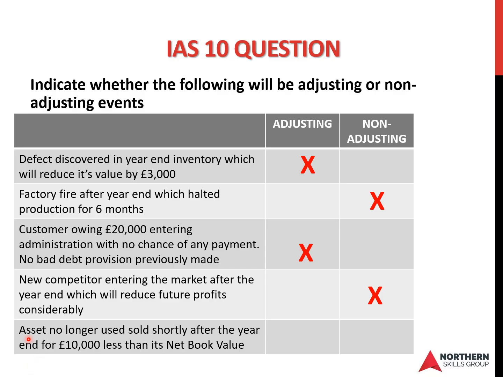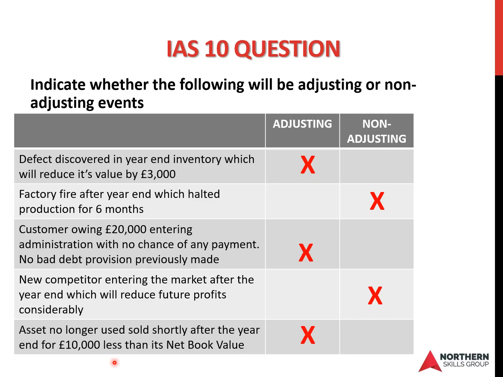And then finally, we've got an asset that was sold shortly after the year end, but it was sold for £10,000 less than its book value. Now, it could be argued that that would give rise to an impairment loss, because if the asset's not used in the business anymore, the only future benefit that the company can get from that asset is to sell it. And we now know that the sale proceeds are £10,000 less than the asset's recorded at in the books.